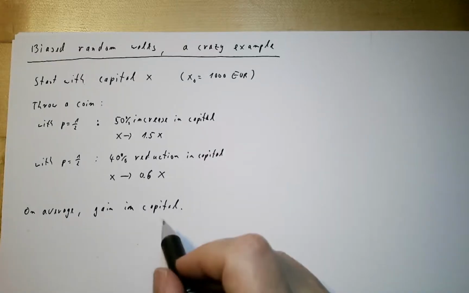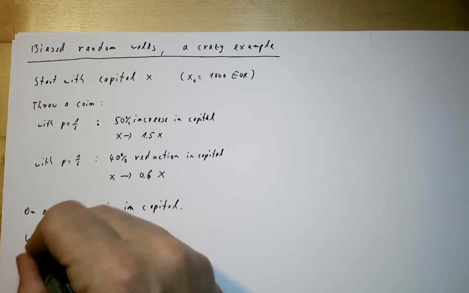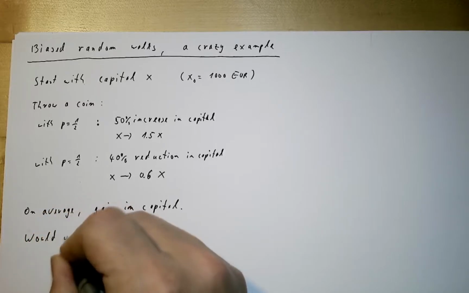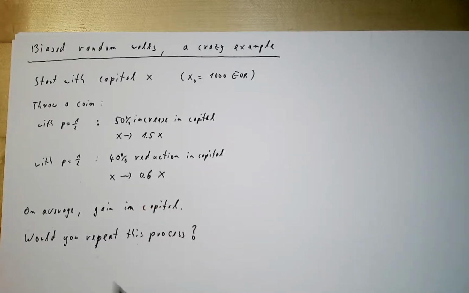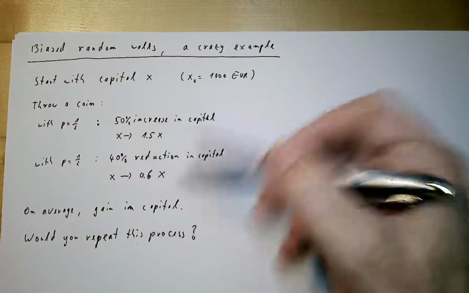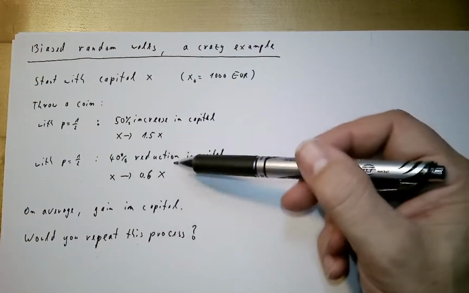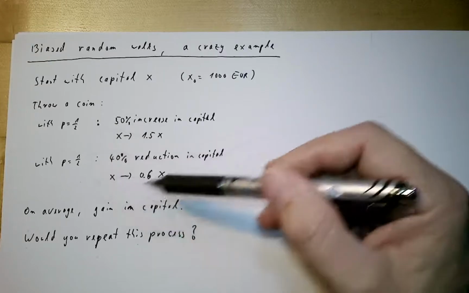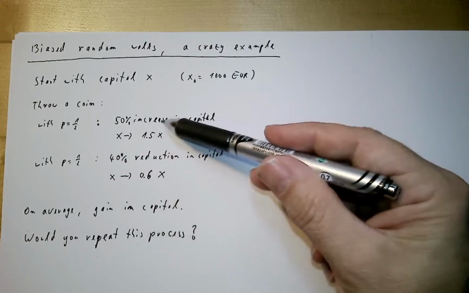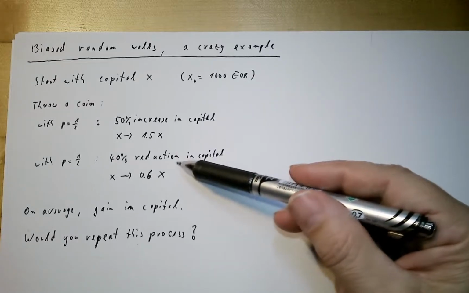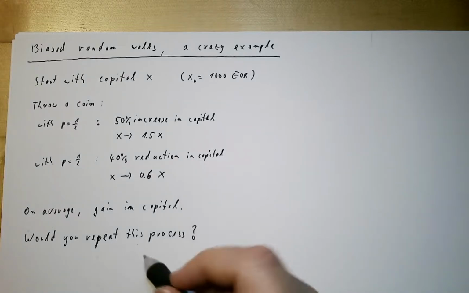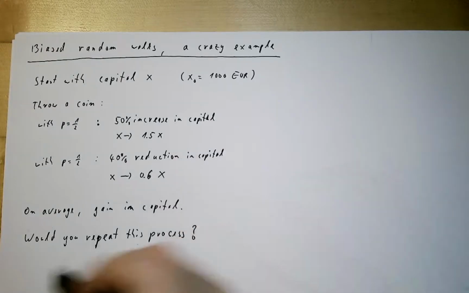Now the question is, would you repeat this process? Would you play this process against me or against the bank? So you make a lot of repetitions of this process. You always throw a coin, and either you gain 50% or you lose 40% of your capital. So that's random, and of course this is a random walk.